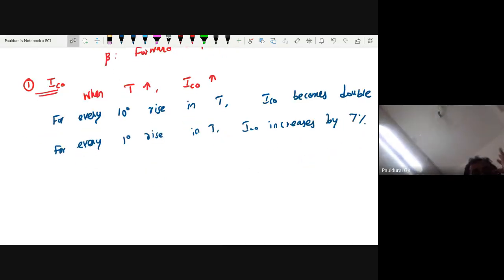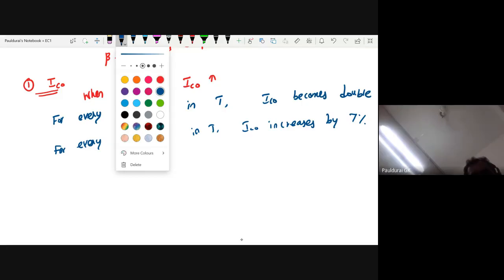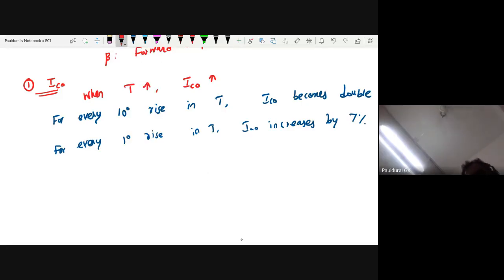Now, what will happen if ICO increases? What is the impact of increasing ICO? The equation is very important. We know IC is equal to beta times IB plus, we want to consider this minority current also, so here it is 1 plus beta times ICO.